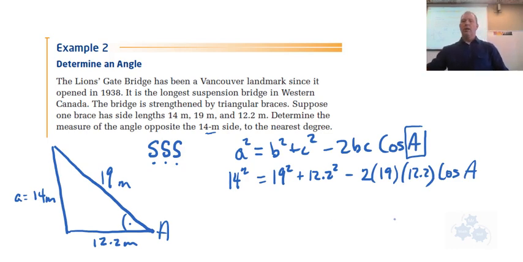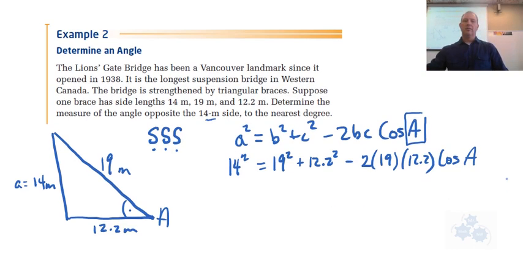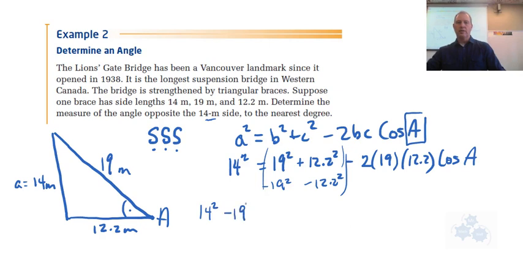Okay? So the math with this goes like this. You want to subtract 19 squared. You want to subtract 12.2 squared. That gets rid of these to the other side. So I'm going to write it all out here so you can see where it goes. And then I'm left with this.